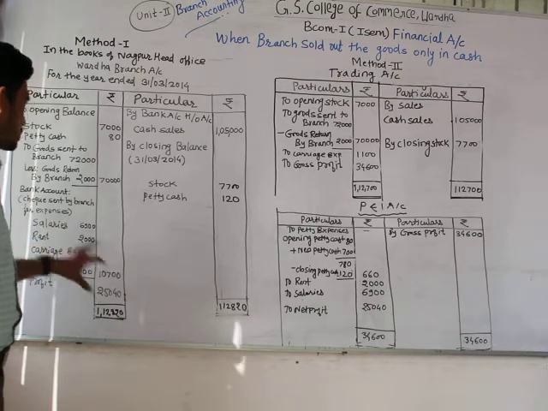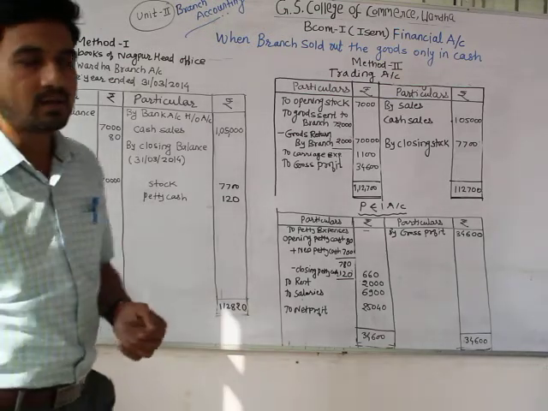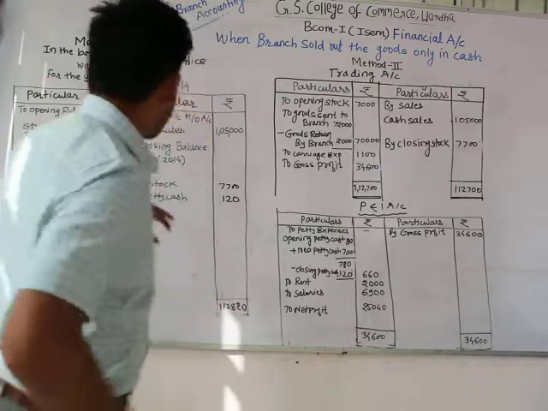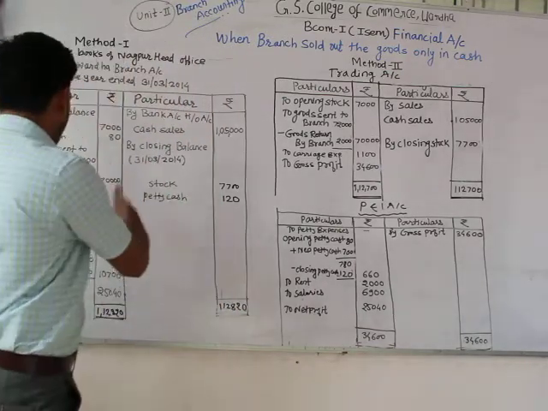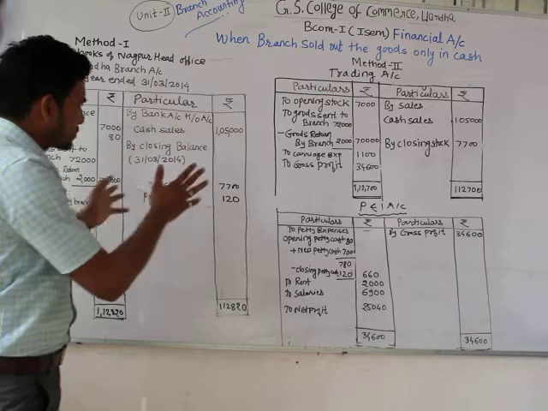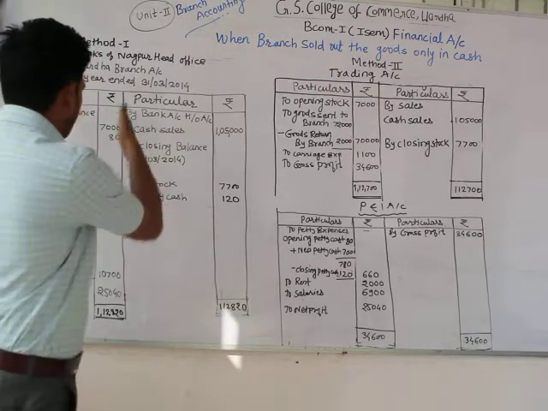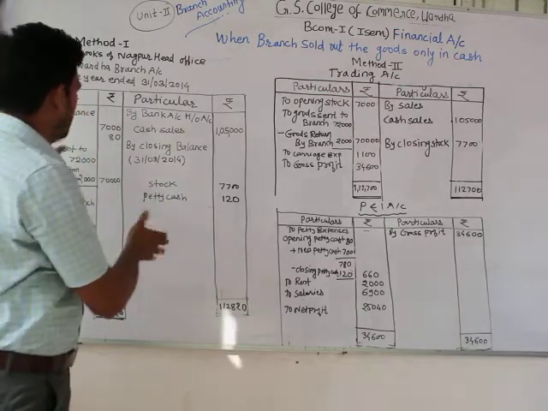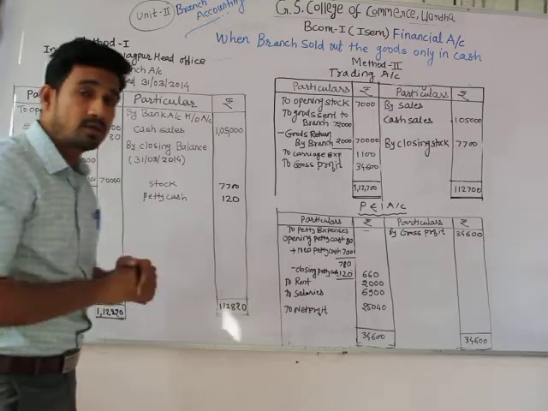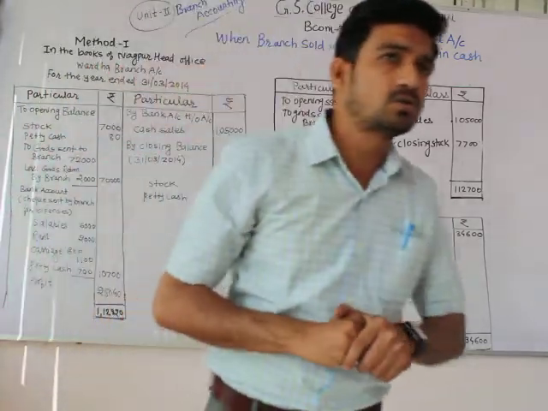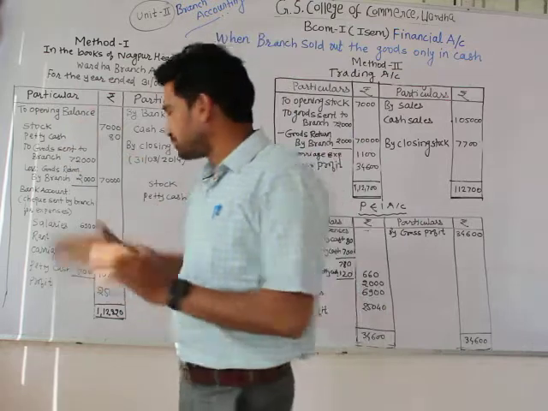If you combine all those expenses, the total will be 10,700. So this is actually a simple thing. There is no rocket science in that, because we have already solved this type of problem. This is the expenses side, that's why we mentioned it here. And here we have clubbed the trading and profit and loss account. So all expenses are mentioned here.